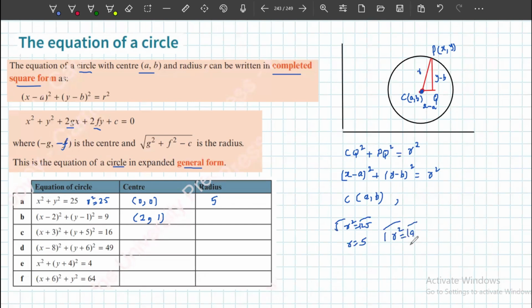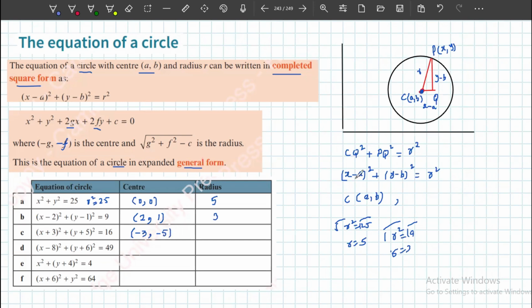The next third statement is x plus 3 whole squared plus y plus 5 whole squared equals 16. Here the center, look, it is plus 3 and plus 5, so we will write the opposite symbols: minus 3 comma minus 5.